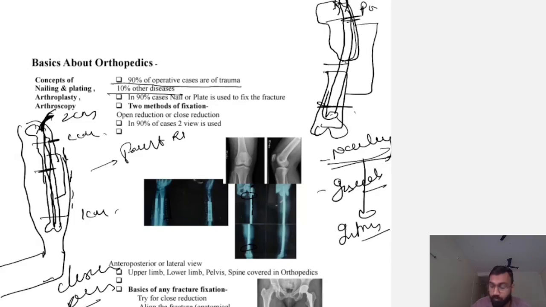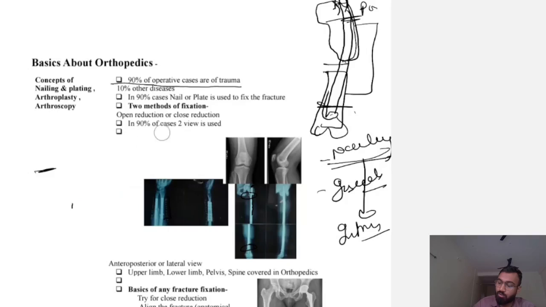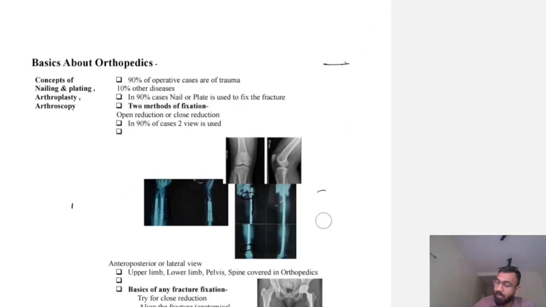In nailing we can make an entry and put the nail inside it, so we do not need to open the entire fracture site. In nailing if it is closed reduction, the blood loss is less, so we will try in each patient to fix it by closed reduction. If it is not possible, then we will go for open reduction and nailing. Okay, so these are the concepts of closed reduction and open reduction, and nailing and plating.